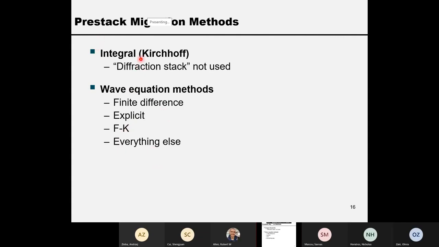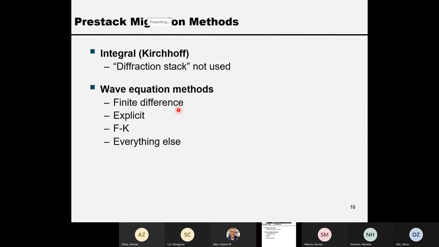We have an integral method. We also have an equation method. Here, last time we introduced four methods. One is called finite difference. One is called explicit. Another is FK, and something else.